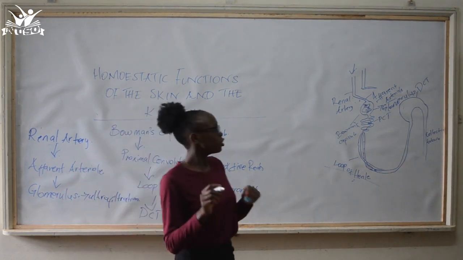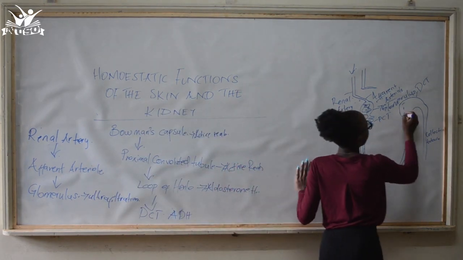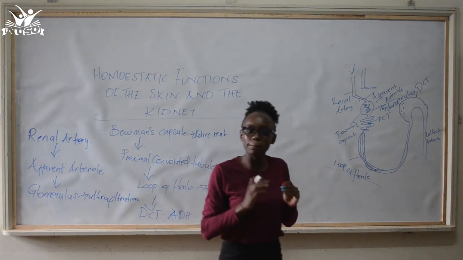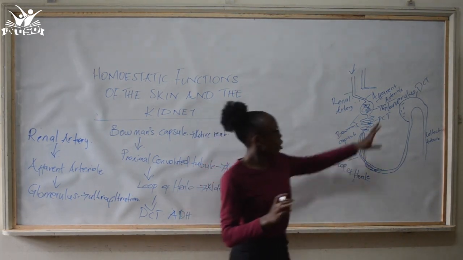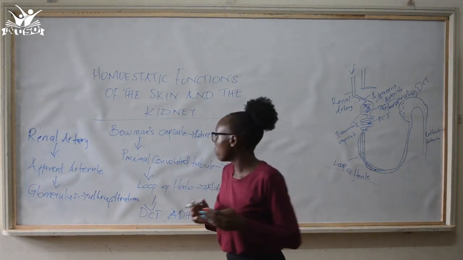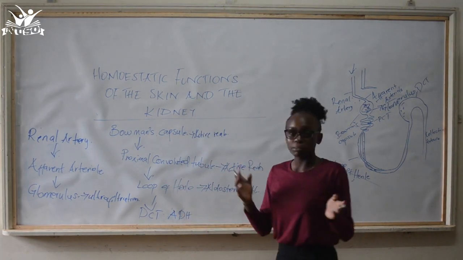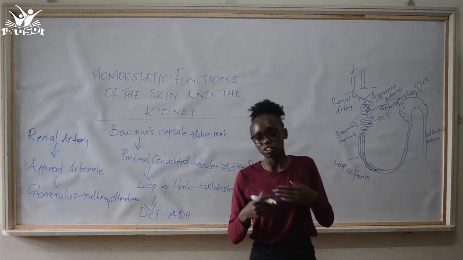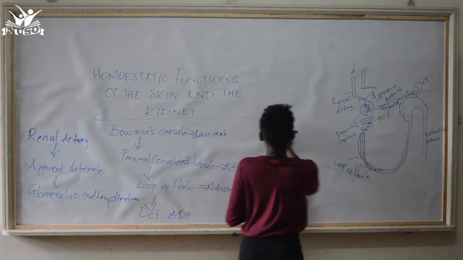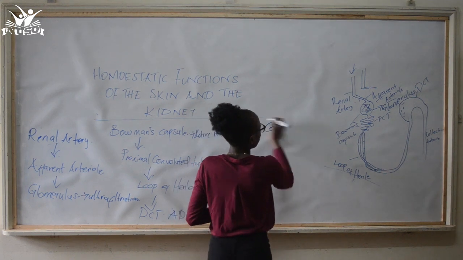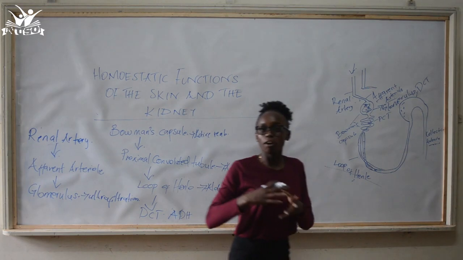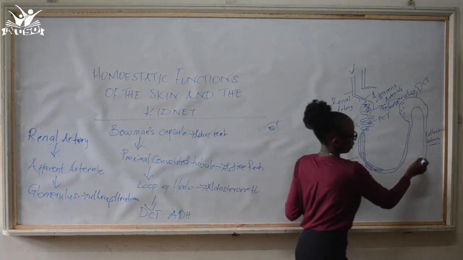This hormone makes the walls of the distal convoluted tubule selectively permeable to water, and therefore some water is reabsorbed back to the blood. The rest of the substances, such as urea, some salt, and some water, are left, and these move to the collecting tubule. In the collecting tubule, they form the urine and move to the ureter.